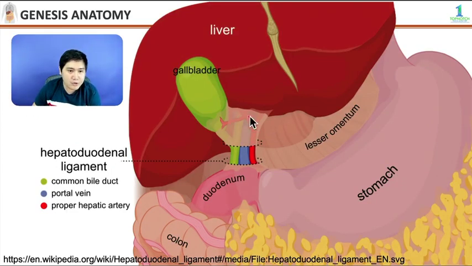So this is your hepatoduodenal ligament. This is the liver, this is the duodenum, kaya siya hepatoduodenal ligament. What are the contents? The portal triad, which includes the CBD, the portal vein, and the hepatic artery.